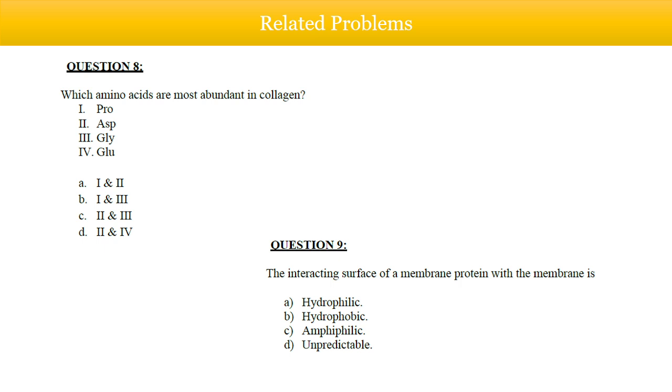You can tell this arrangement is important for the formation of the triple helix, because collagen is important for its strength as well as flexibility, and prolines and glycines play an important role in the structure, stability and flexibility. Okay, so prolines and glycines are most abundant.